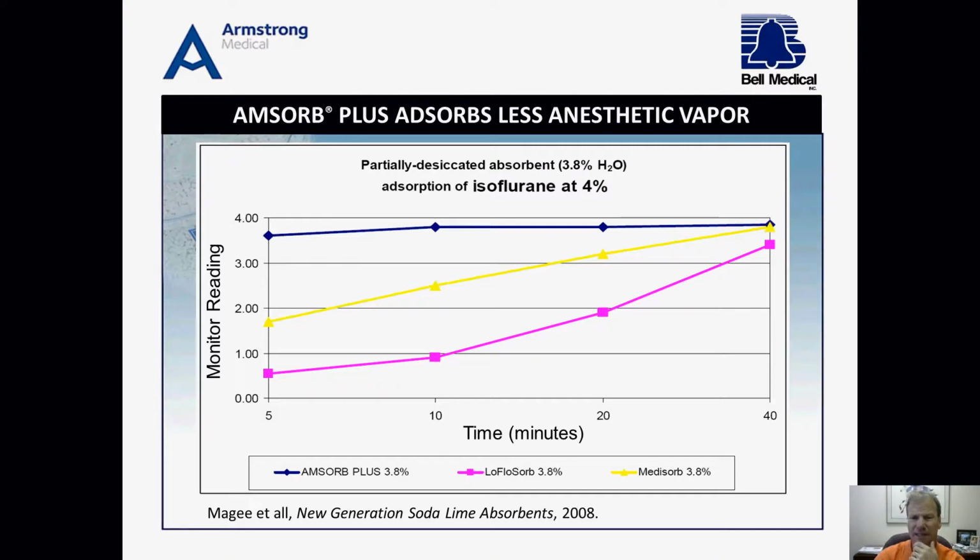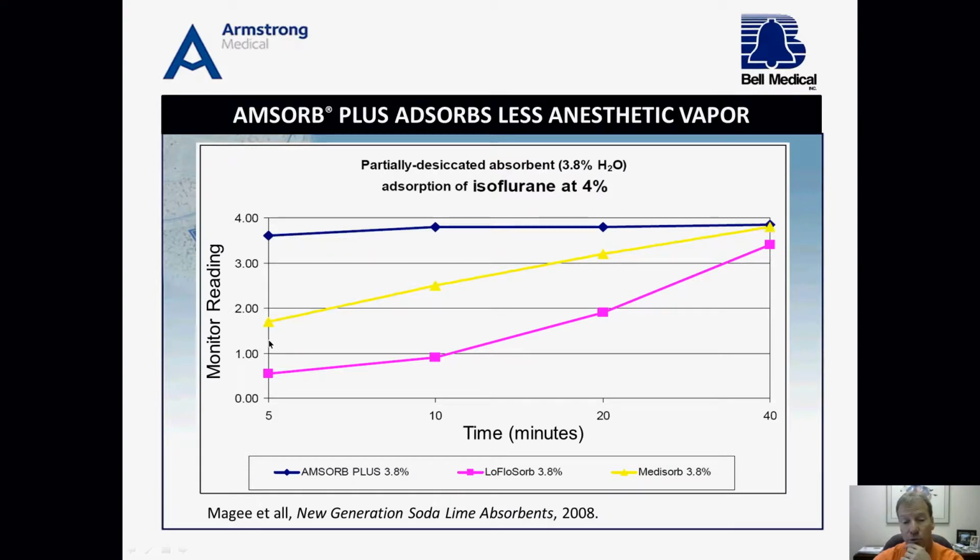This shows basically Amsorb Plus and, well, it basically shows the amount of absorption. So you have Medisorb. Basically, this is time down here. So in a span of 20 minutes, let's take a look at it. With Amsorb Plus, in 5 minutes, we're close. If they dialed 4%, we're within a couple percentages of 4% almost immediately, and we stay at that.